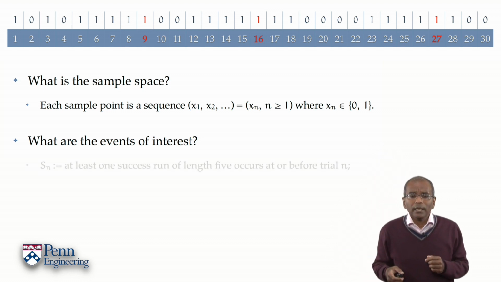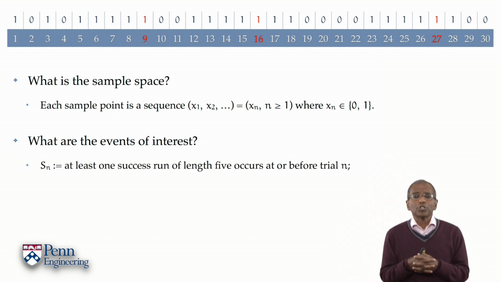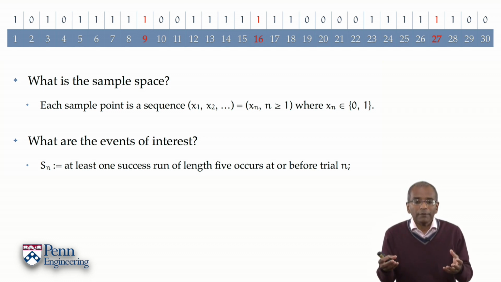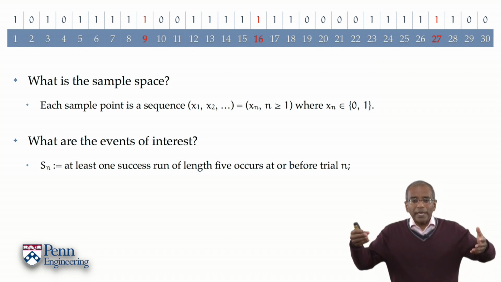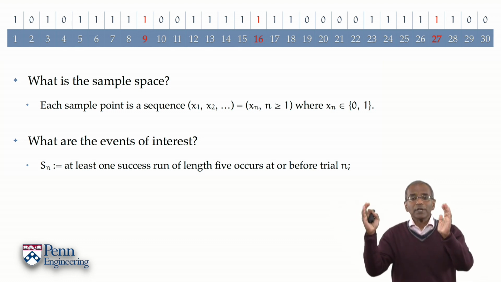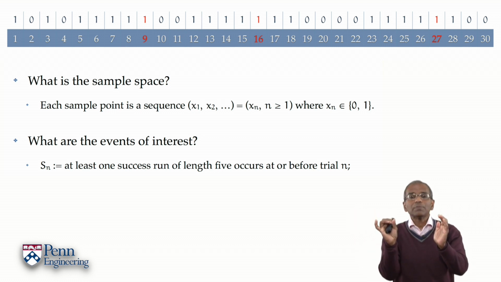And so naturally, the event of interest to us is the event that there is at least one success run of length 5 at or before the nth trial. Let us call this event S sub n. Of course, in our sample space, this corresponds to all sequences of trials where in the first n trials, you discover consecutive subsequences of 5 or more ones.